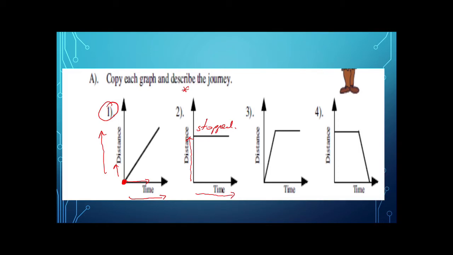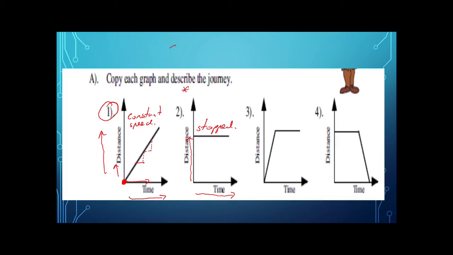Can you notice that they are moving at a constant speed, because for each moment of time, they are moving a certain amount of distance, and for the same moment of time, they're moving that same amount of distance. So the way to describe this journey is that they are moving away at a constant speed.